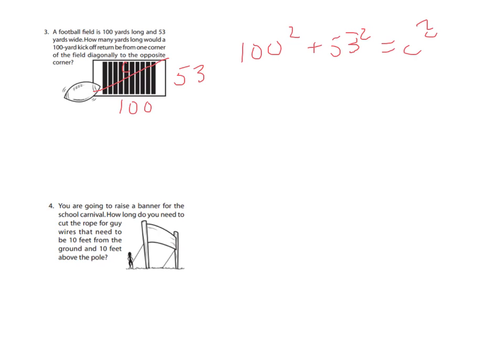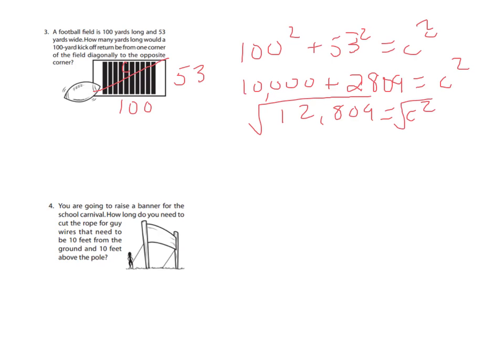So when I square 100, I am going to get 10,000 plus 53 squared is 2,890 equals C squared. When I add those two together, I get 12,809 equals C squared.